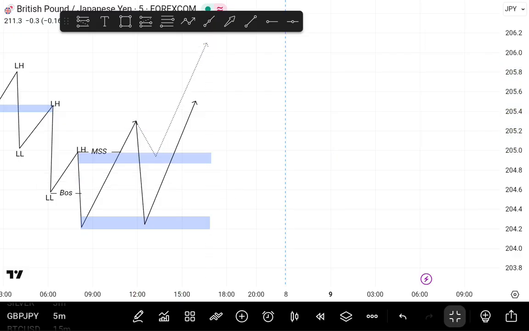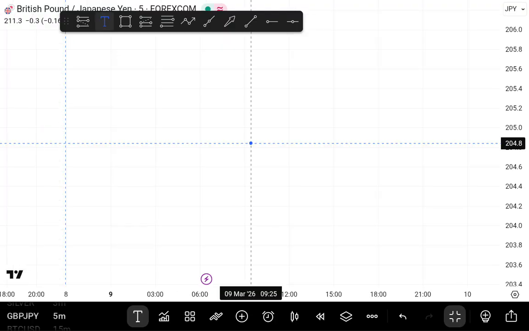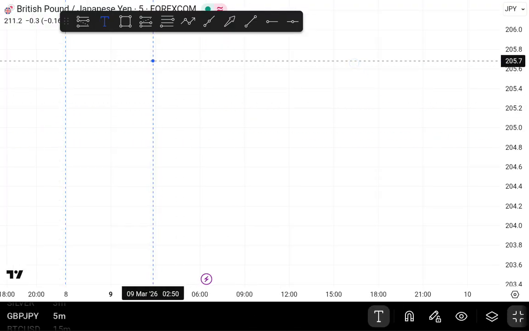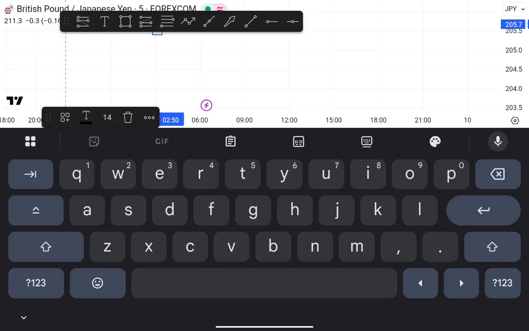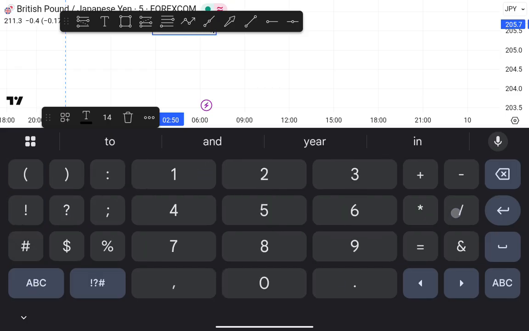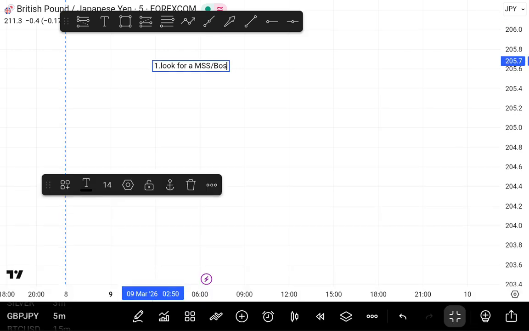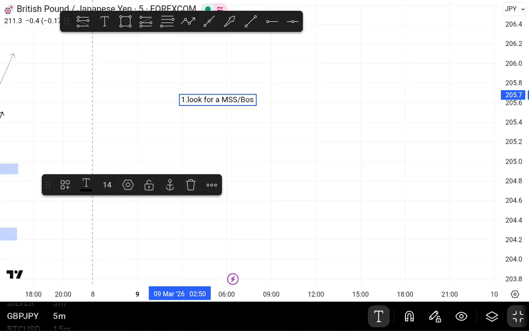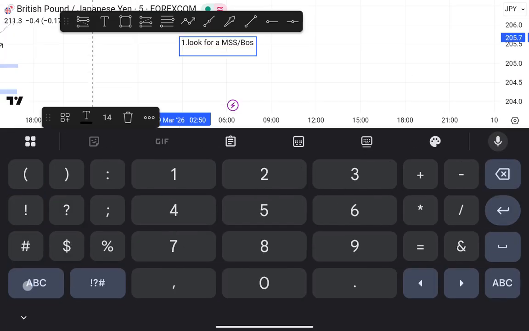The first rule is to look for the market shift, or a break of structure. Market structure, a break of structure.